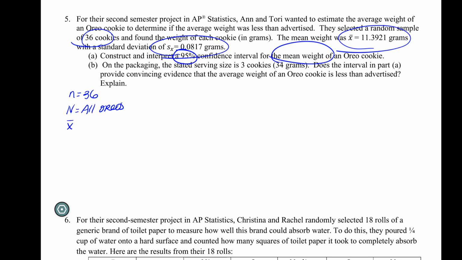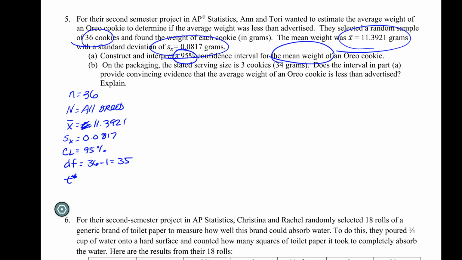And we had a sample mean that was equal to 11.3921, and then our standard deviation from the sample was equal to 0.0817, and then we have a confidence level equal to 95%, and then we have degrees of freedom of 36 minus 1, and that is 35. Okay, so what we can then start to think about is what's our t-star going to be.